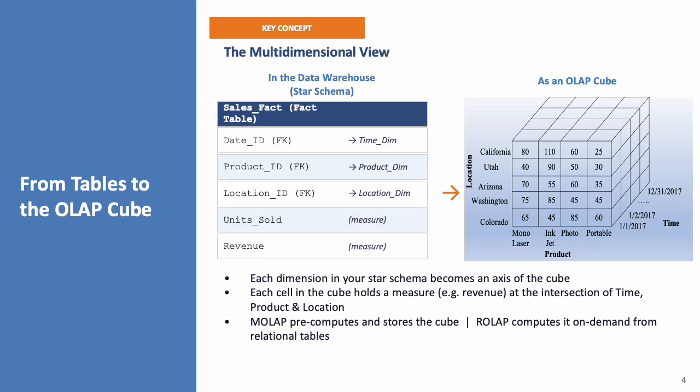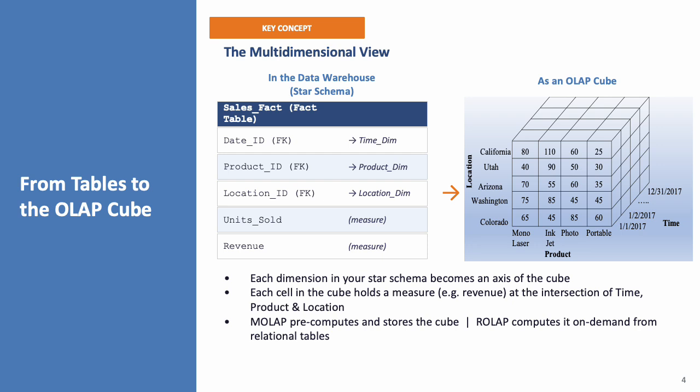Let's take time to explain one of the most important slides in our lesson. On the left, you can see a structure that students who remember lesson 3 should recognize immediately. This is a fact table called sales fact.